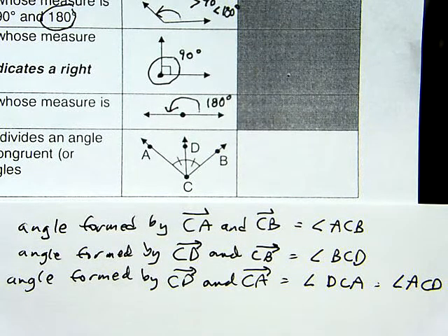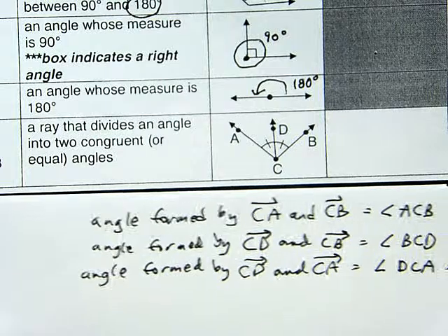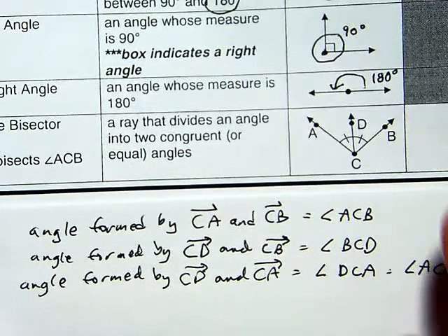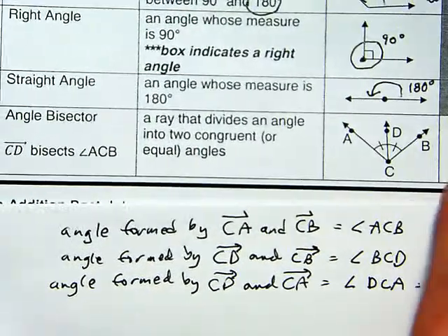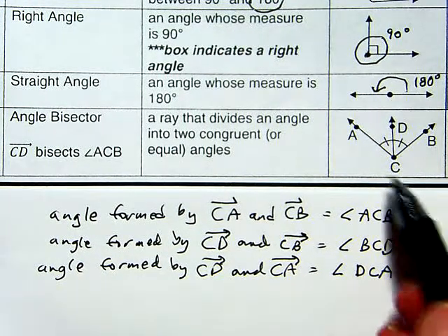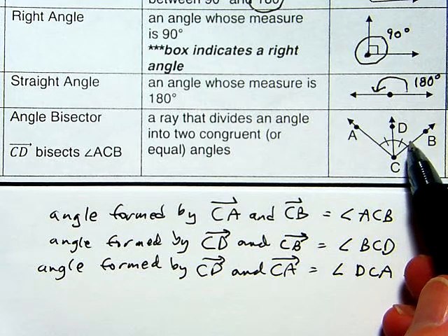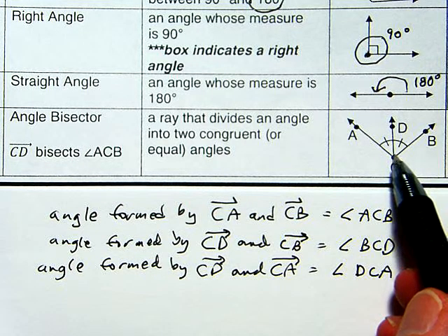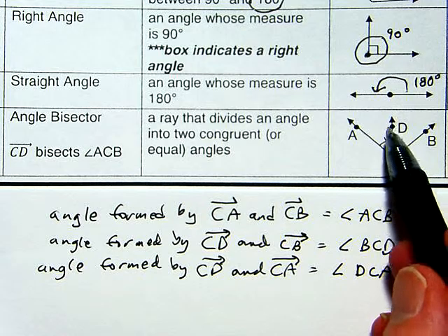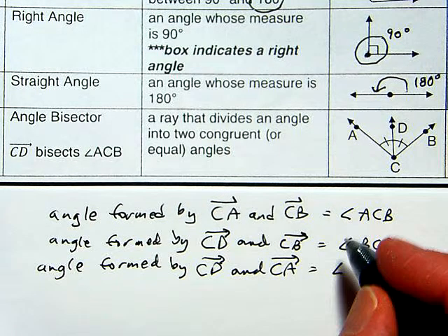Okay. So, in this case, we have something else in this diagram. These things are all true. What we've written down here you should be very comfortable with by now. If not, review the definitions. But we also have the angle bisector. In this case, CD is the angle bisector because the original angle that existed before we wrote in ray CD was angle ACB.